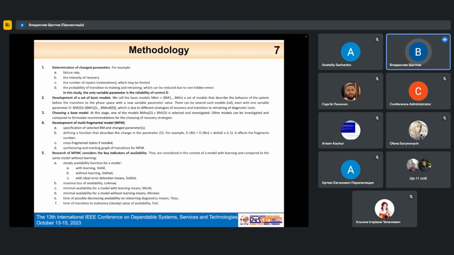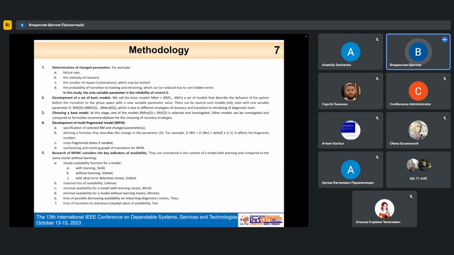And finally, in order to test our hypothesis and analyze results, we need to define key indicators of availability. In our case, we formulated the following list. We need the steady availability function for three models, for three cases: when diagnostic means have learning capability, don't have learning capability, and when diagnostic means are ideal.